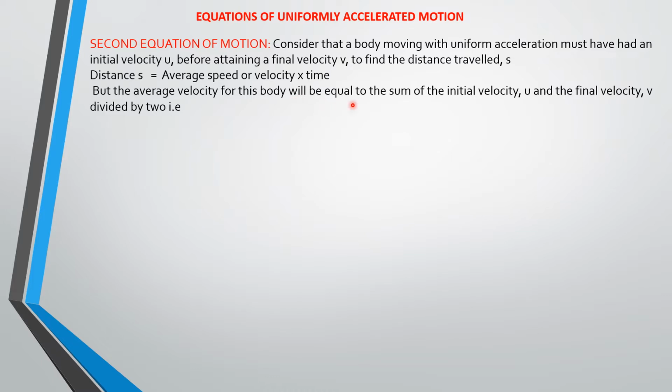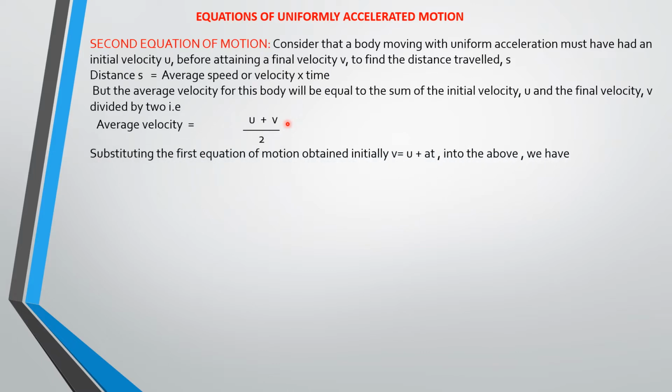So the average velocity is u plus v all over 2. But we know that from the first equation of motion, we got that v is equal to u plus at.